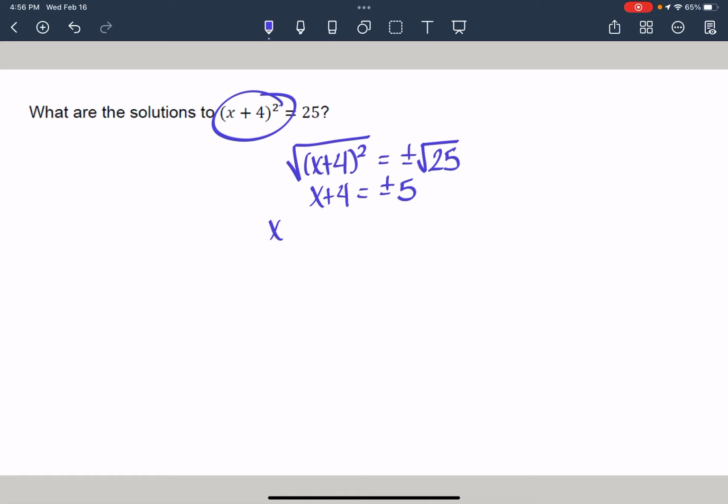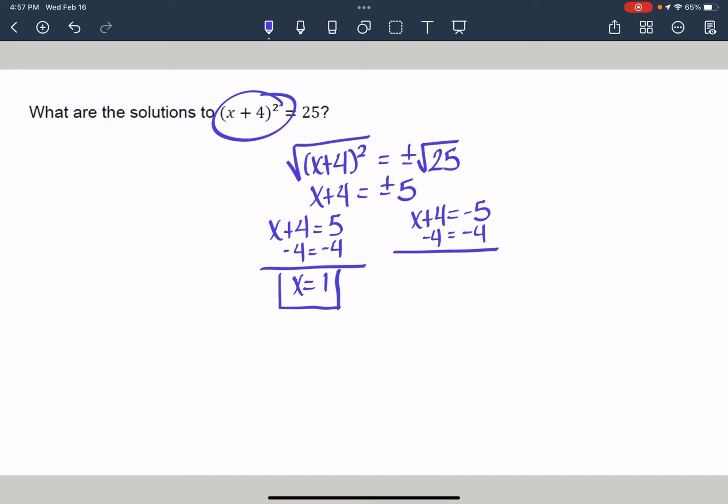I can break this now into two equations. So x plus 4 equals 5, and x plus 4 equals negative 5. So to solve this, I'm going to subtract 4 from both sides, and that gives me x equals 1. Here, I'm going to subtract 4 from both sides, and that gives me x equals negative 9.